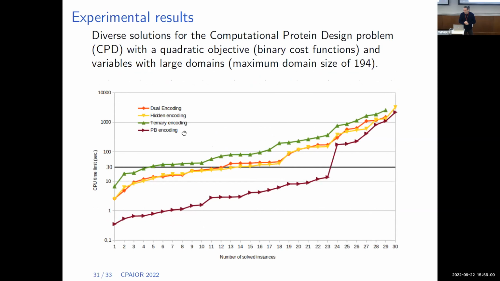The second problem we looked at was the computational protein design problem. This is a problem where there is a quadratic objective function, so it corresponds to binary cost functions in the WCSP, and the difficulty of these problems comes from the very large domains.